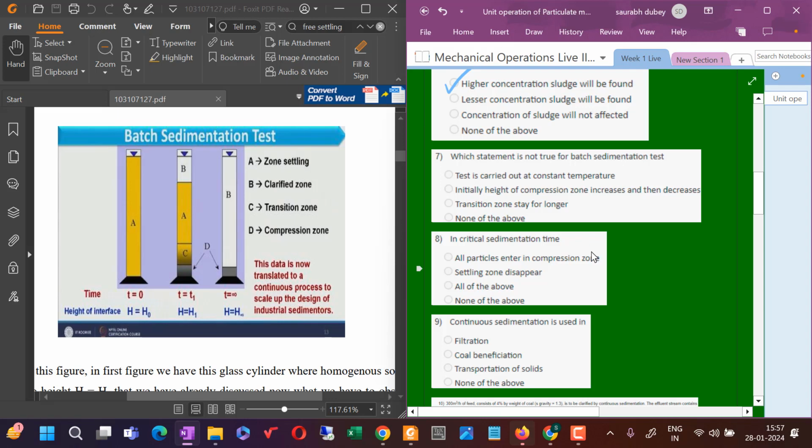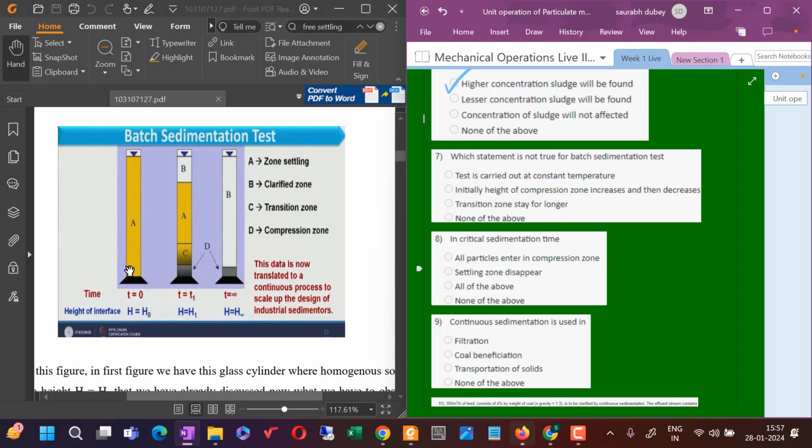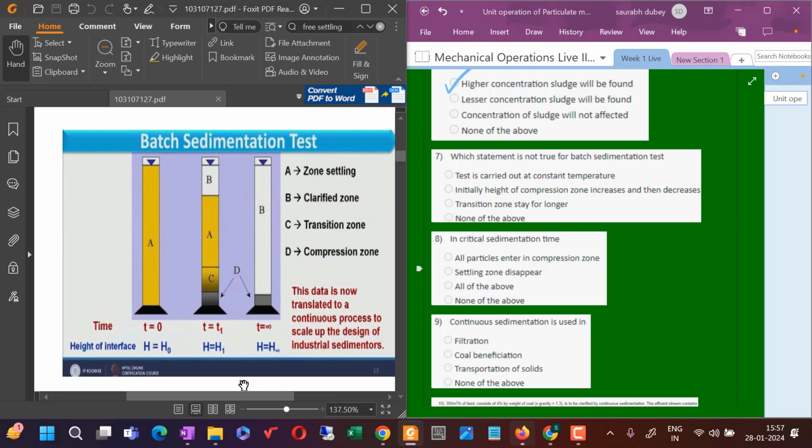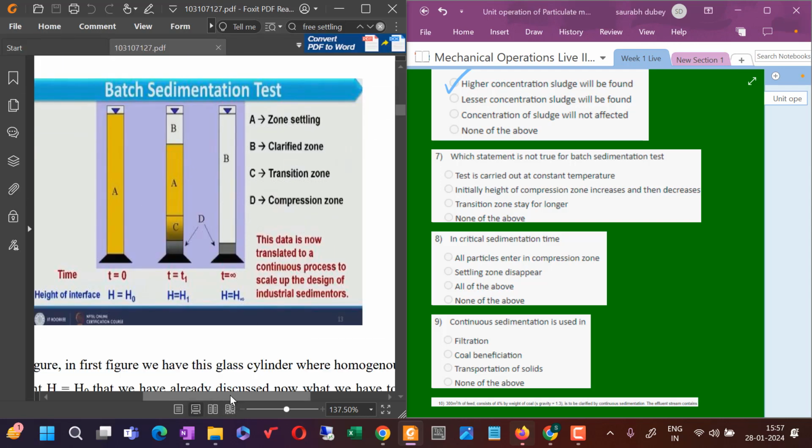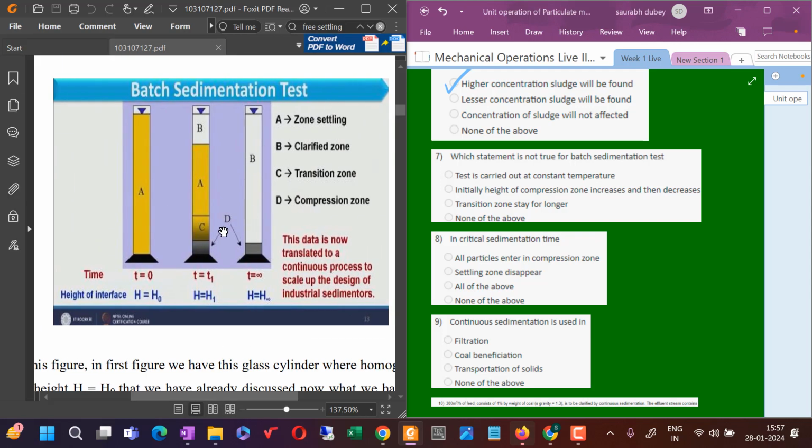In this sedimentation process, initially the complete slurry was there. There were no separate zones, because the sedimentation process had just started. This entire zone is slurry at t equals 0, and at some intermediate time some clear liquid started appearing at the top.